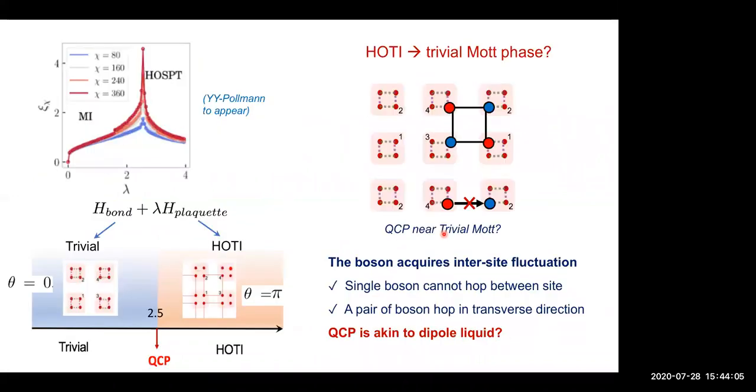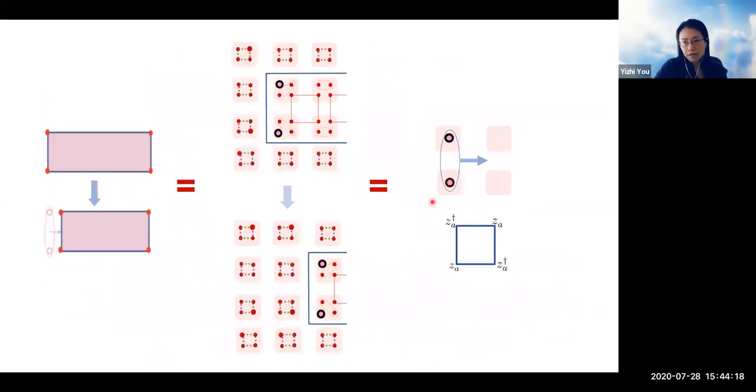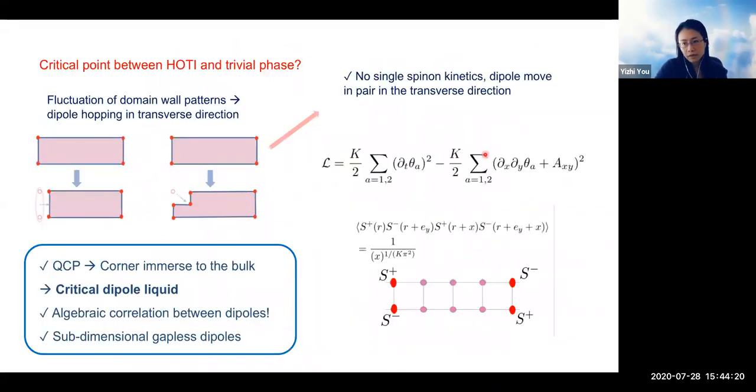Okay, so once you move away from such a critical theory, then you have a dual defect term, which has a tendency to either have a plaquette entangled state on this square or have a plaquette entangled state on the other square. This is related to the defect term, which is the dual variable of theta. Because this is something like a Gaussian level expansion, which ignores the compactification of theta.